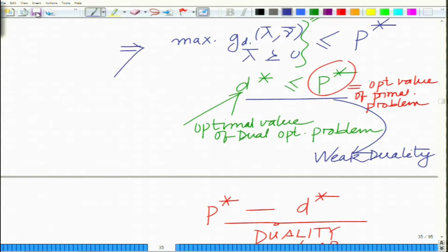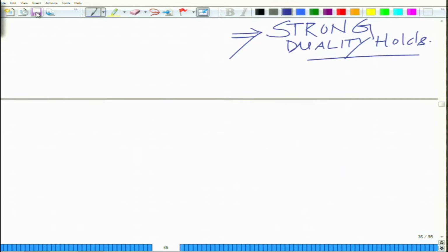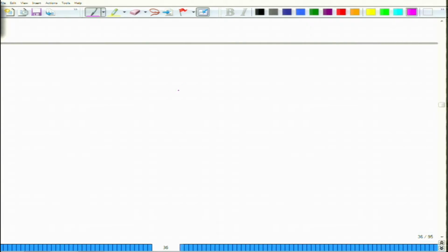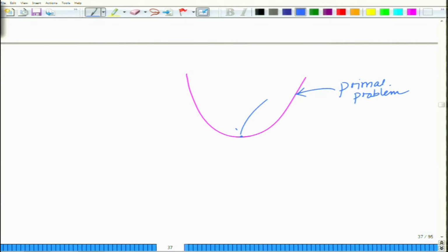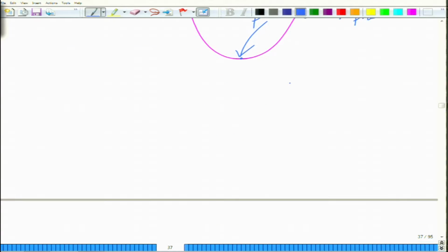In the special case that p* equals d*, if you look at this, the primal problem is convex. So, this is your primal problem, which is convex, and this is the optimal point, which is p*, the optimal value of the primal problem.